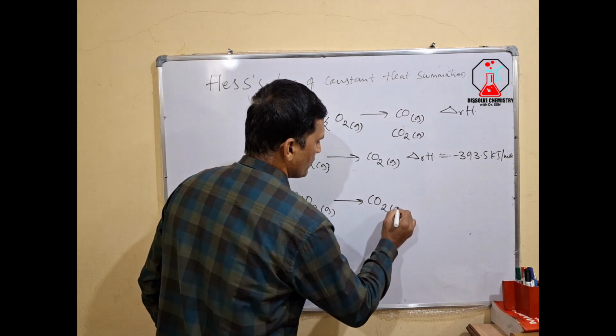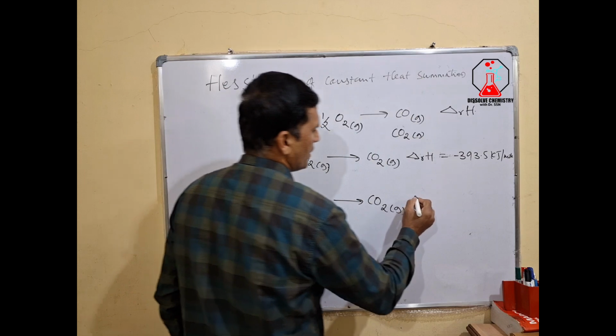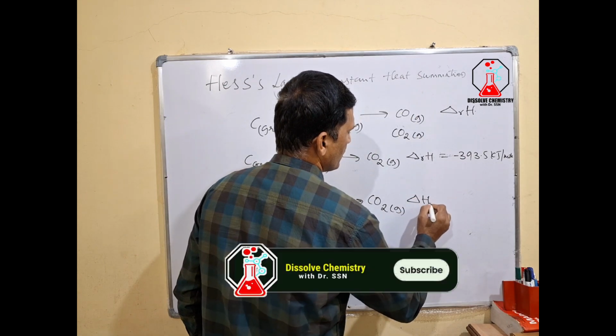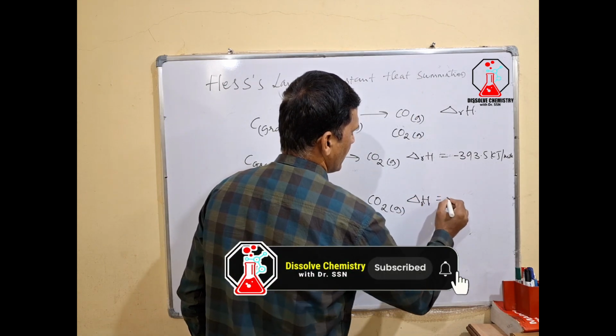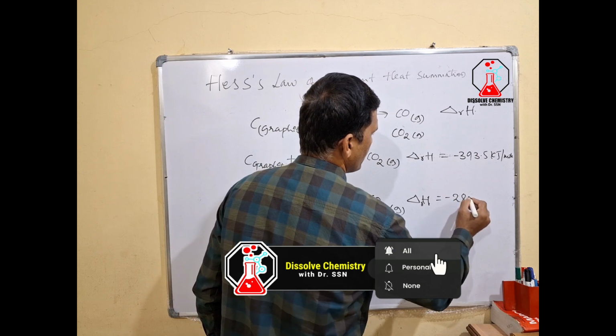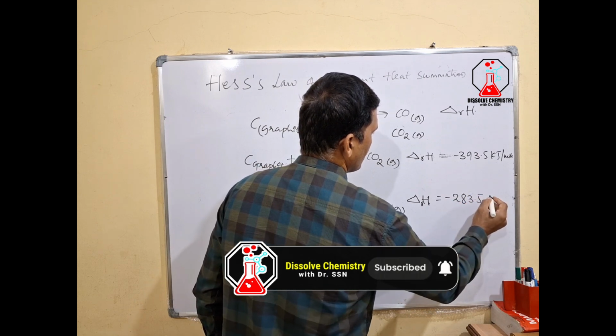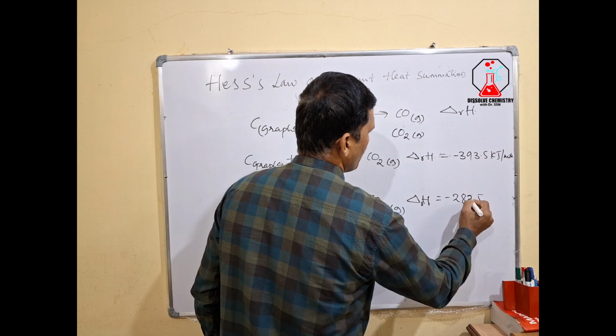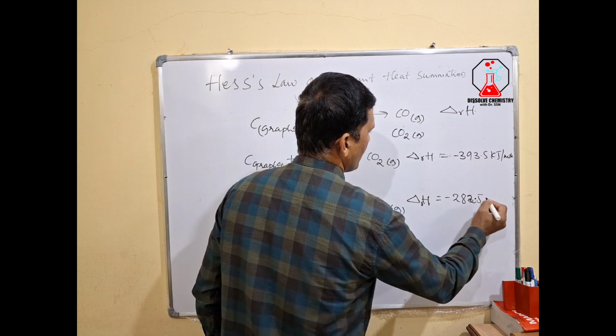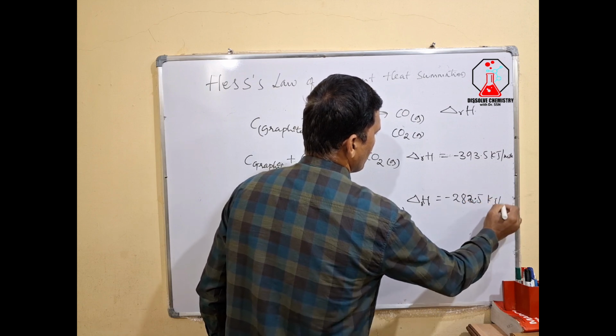Then it will convert into carbon dioxide. The enthalpy change for this reaction is minus 282.5 kilojoules per mole.